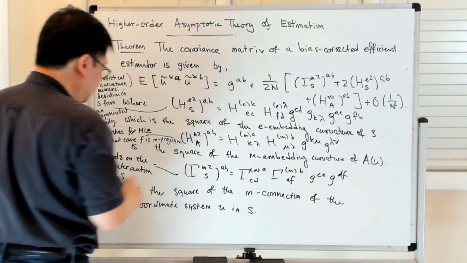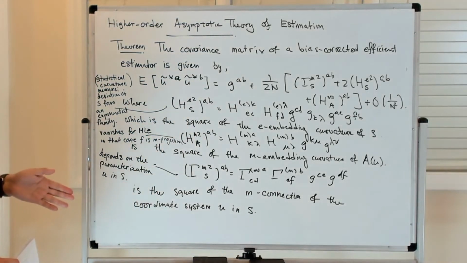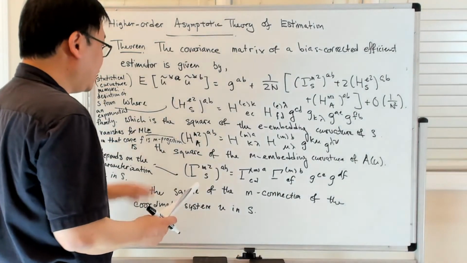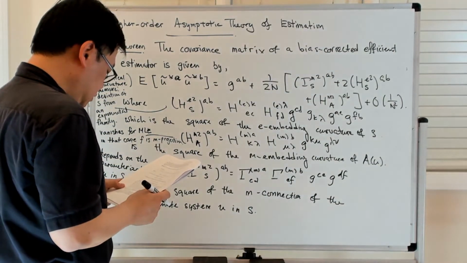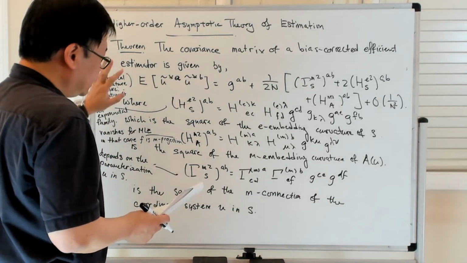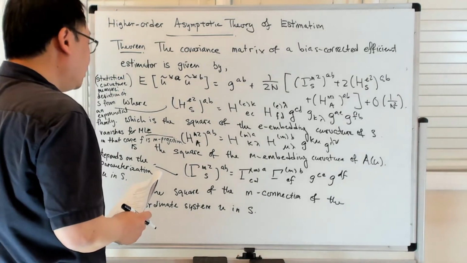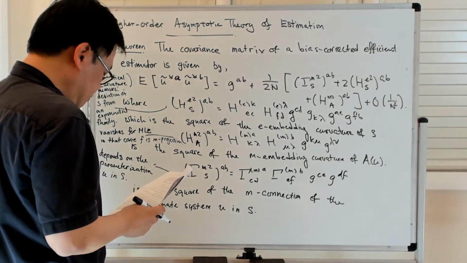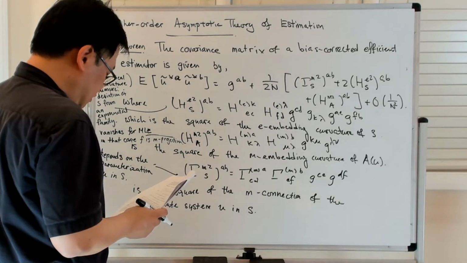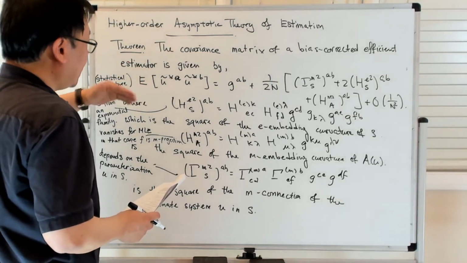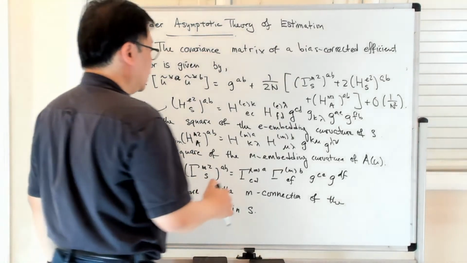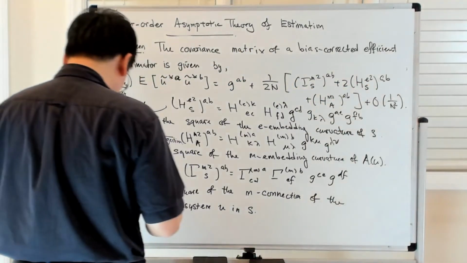If F is M projection, then the fiber itself is going to give you something which is orthogonal to the surface, the submanifold S. So anyhow, it's a rather involved result, but more or less it says that this estimator is as efficient as possible if these curvature terms vanish.